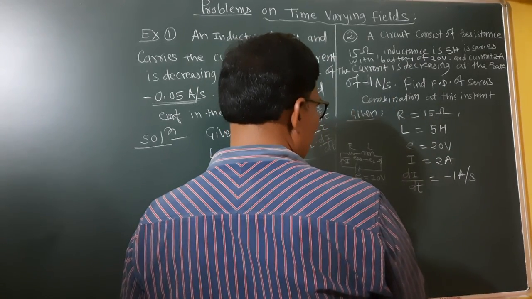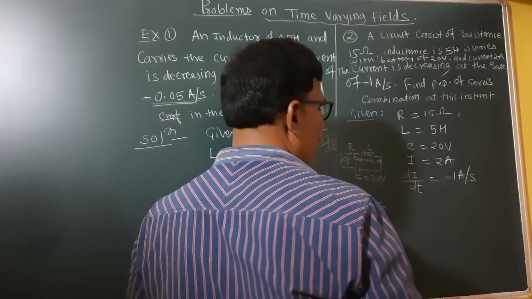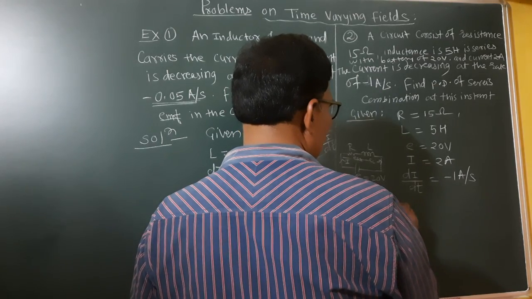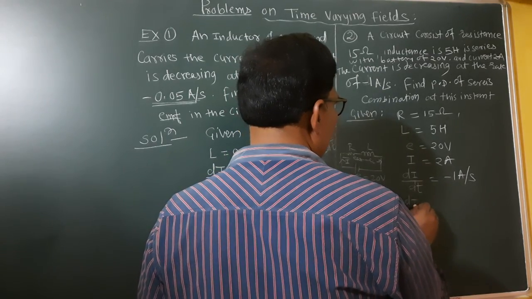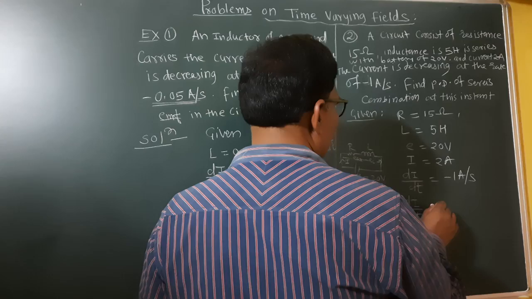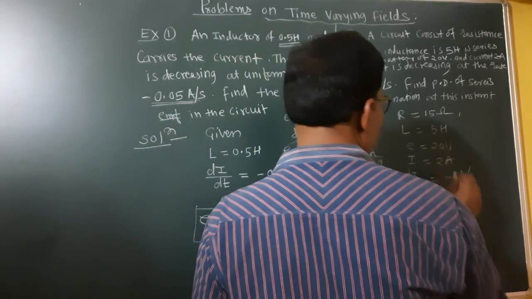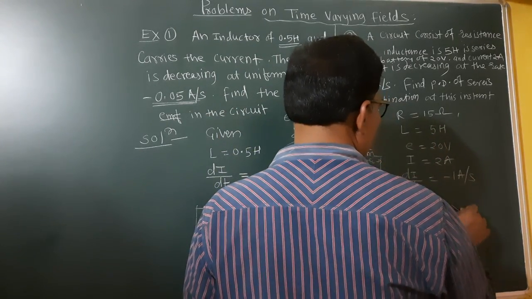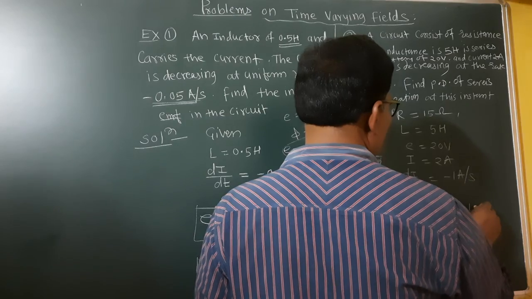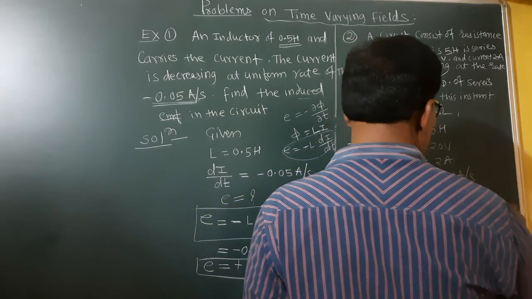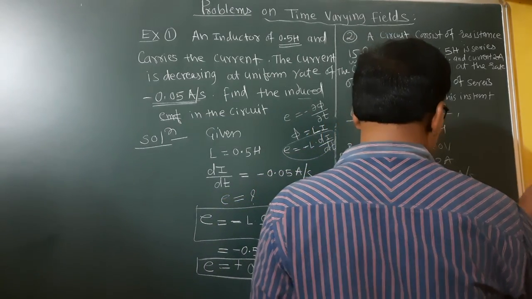Therefore, EL is equal to L into di by dt. L is 5, and di by dt is minus 1, which equals minus 5 volt.